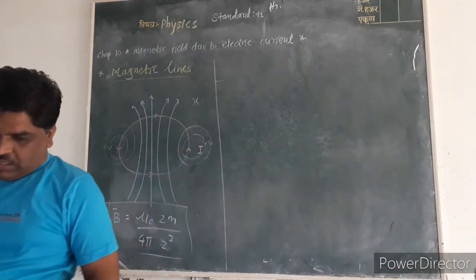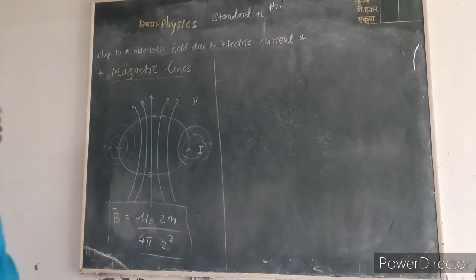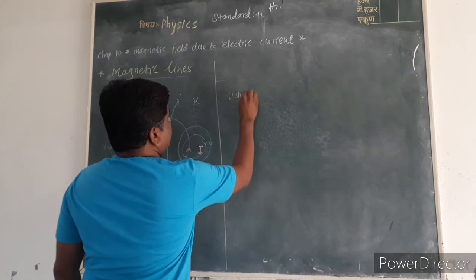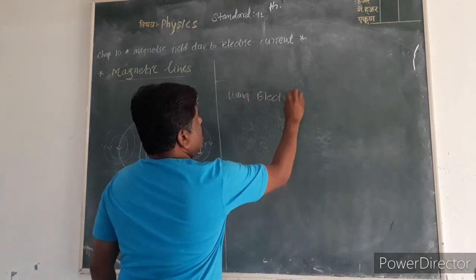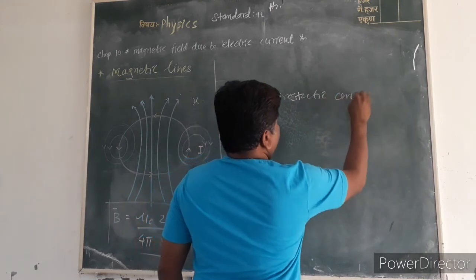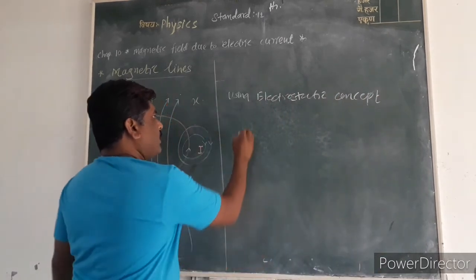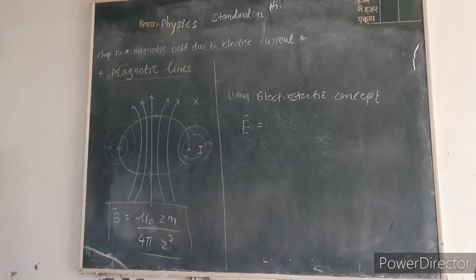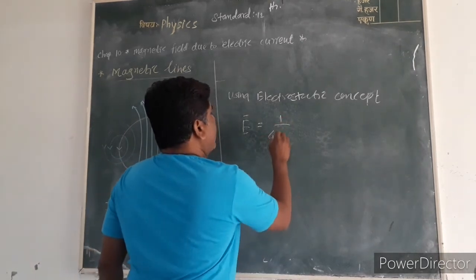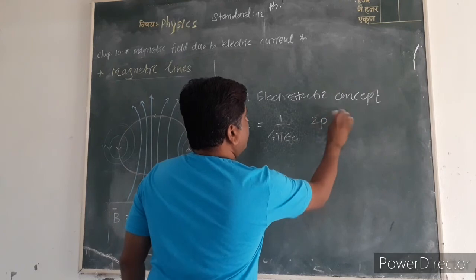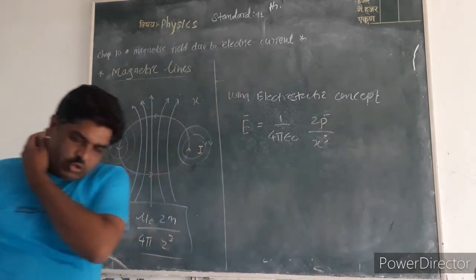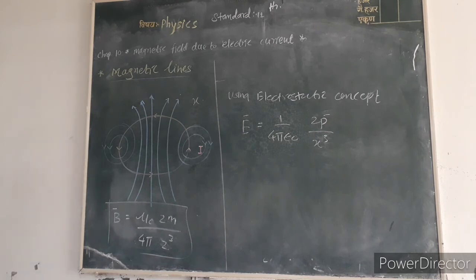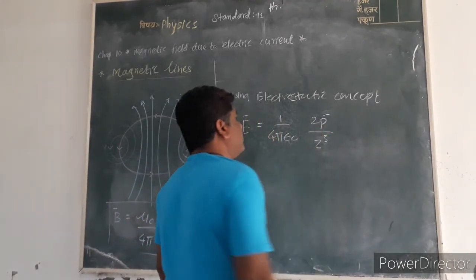Now we know that using the electrostatics concept, the electric field intensity E bar is equal to 1 upon 4 pi epsilon 0 into 2 p bar upon x cube, or instead of x we can write z cube.